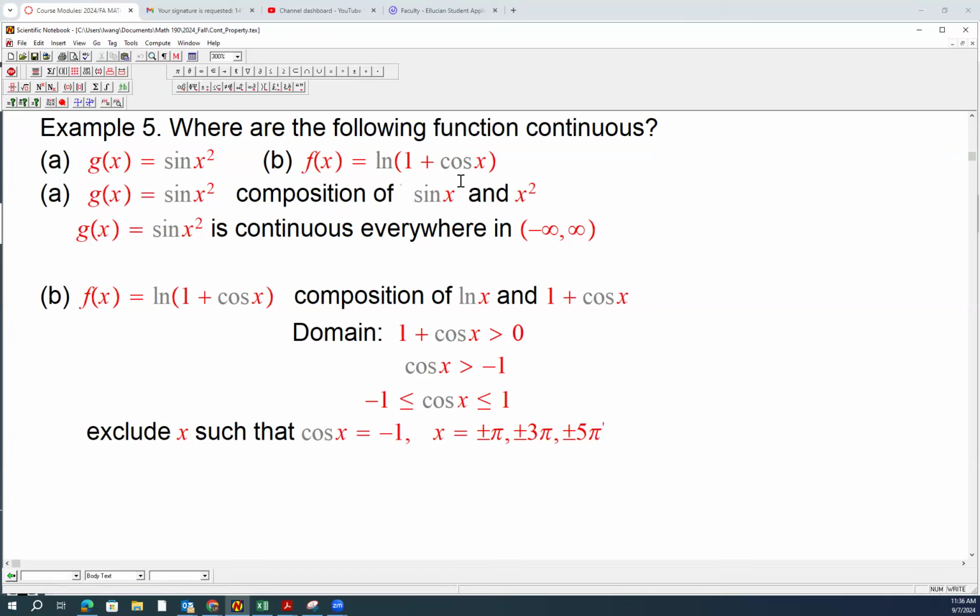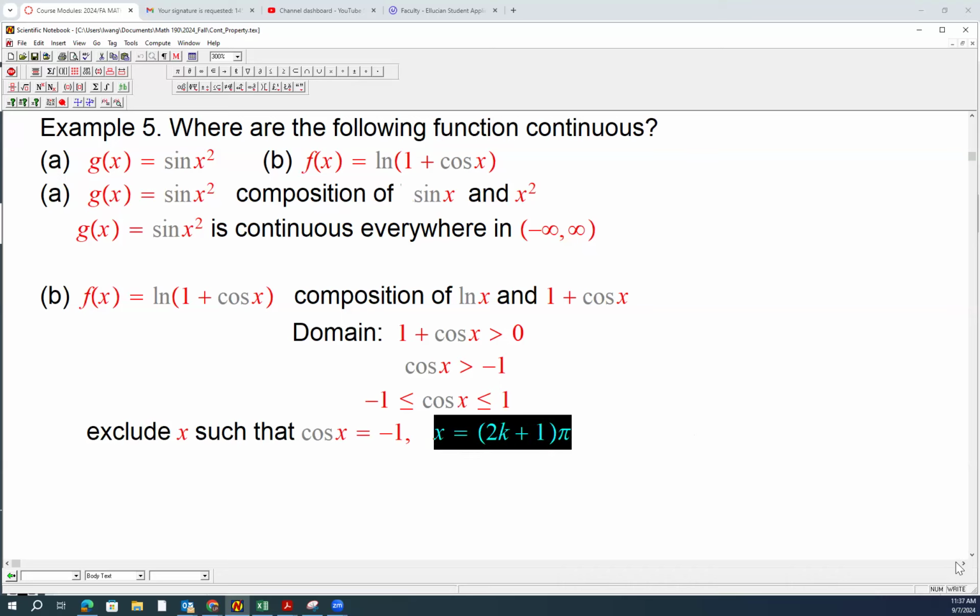All odd multiples of pi are the numbers that it cannot be, so (2k plus 1) pi. We need to exclude these x's.